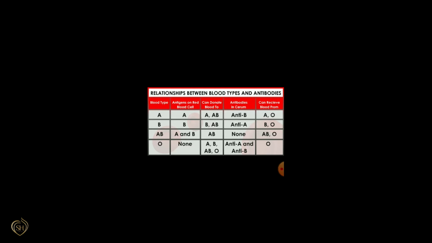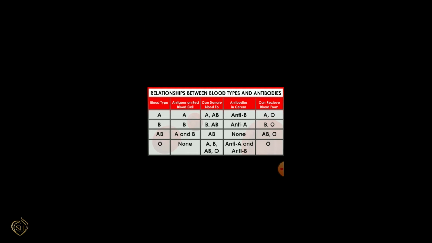Then what about the recipients? Look once again at the same chart. A person who has A group can receive blood from the same group A and also from O, because O is the universal donor. Then a person with B group can receive from the same group B and also from O group.